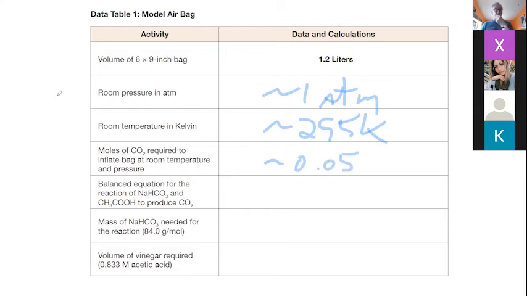Balance your equation, give the mass required, the mass of sodium bicarb. That's going to be around 4.2 or so. The volume of vinegar will be around 55 to 60 mils.